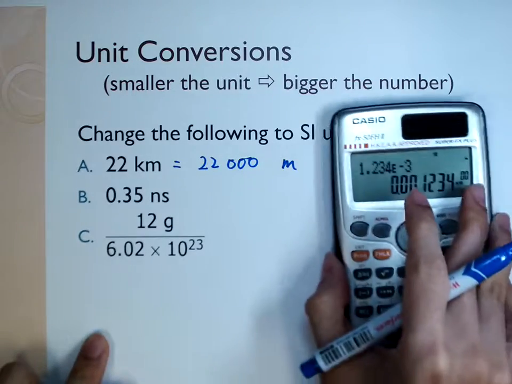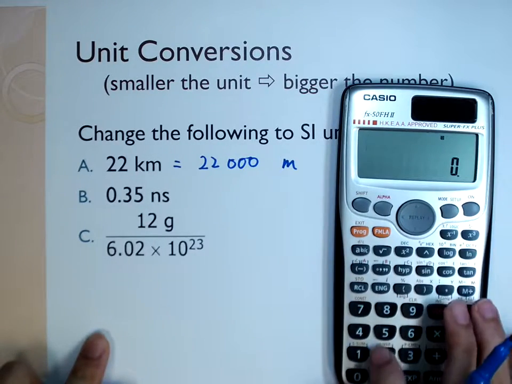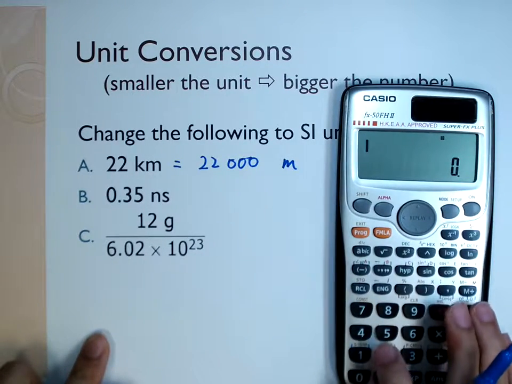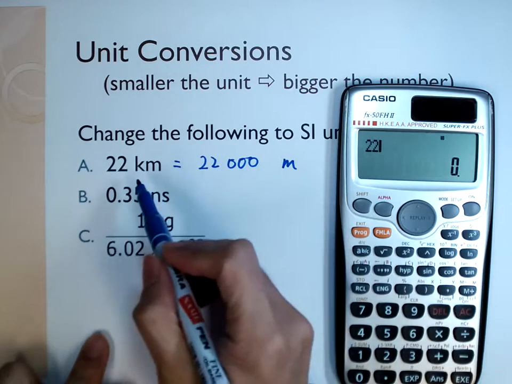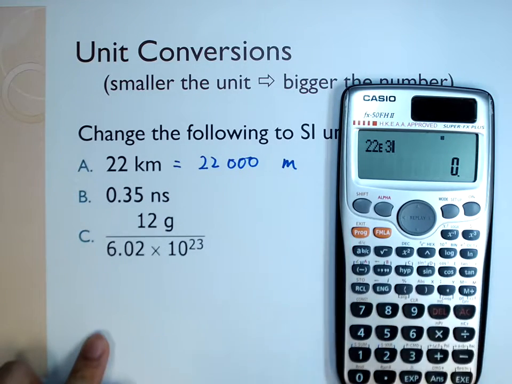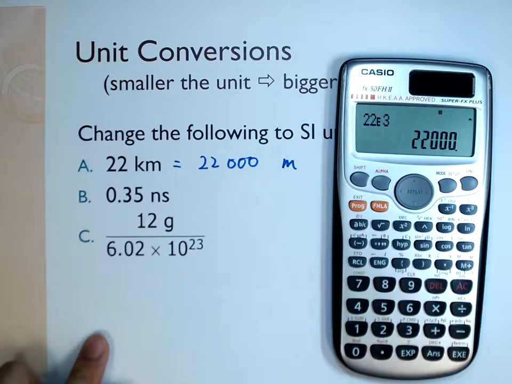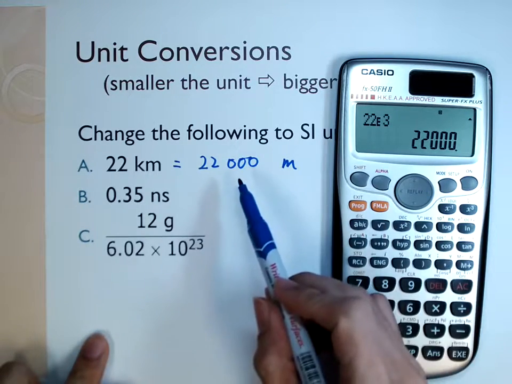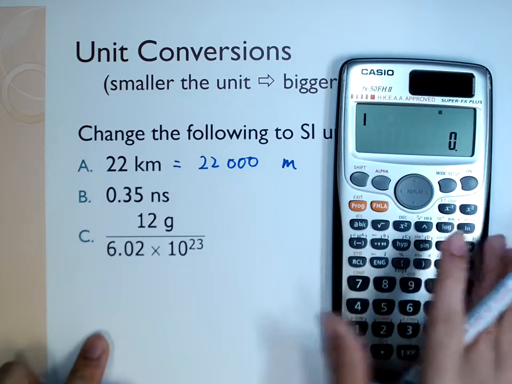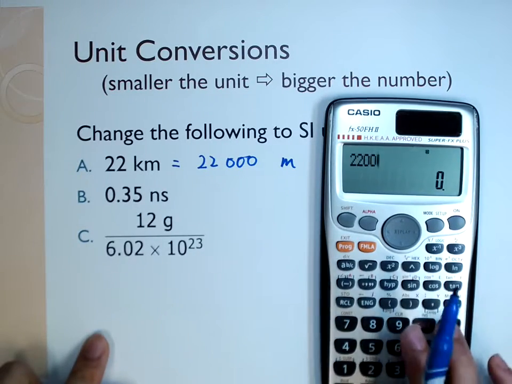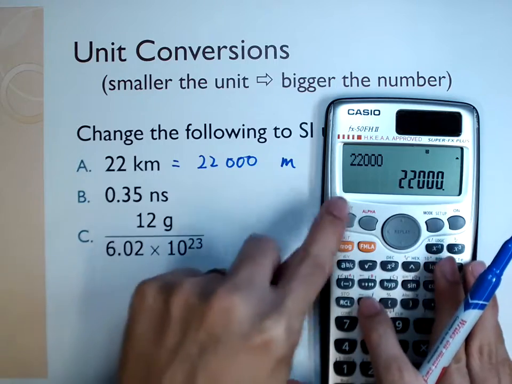However, can we do that by the calculator? The answer is of course yes. So we have 22, and then this k is 10 to the power 3, so we just press EXP 3, and then you immediately get the same result. However, for this one, can we change to scientific notation?